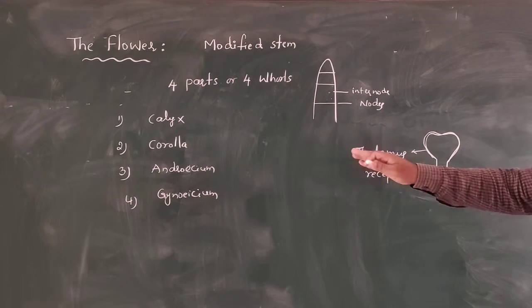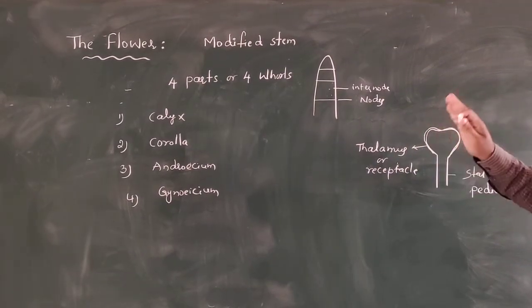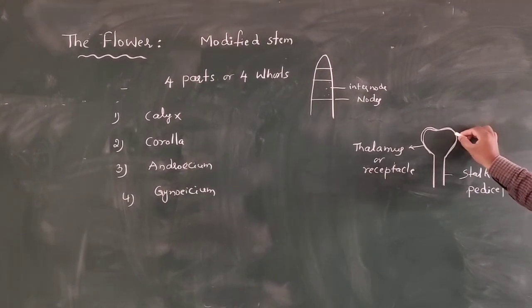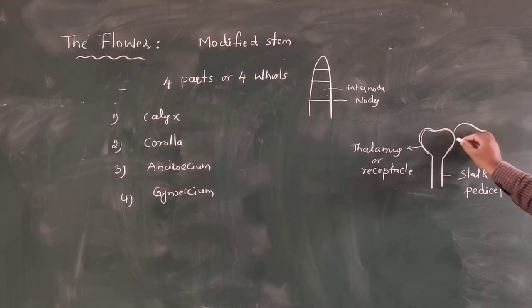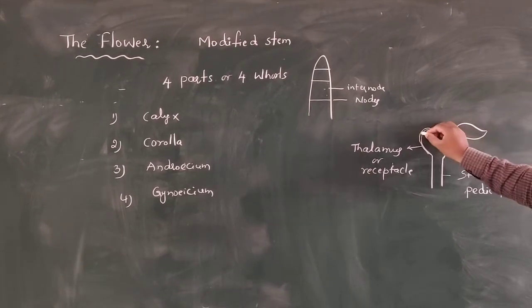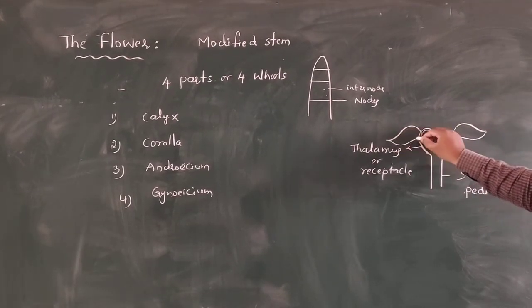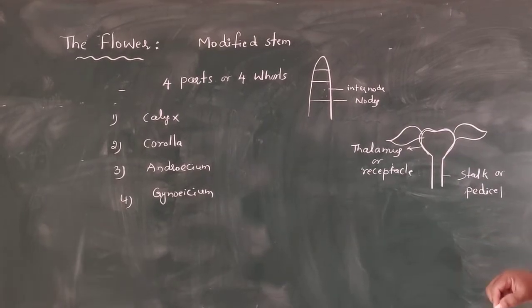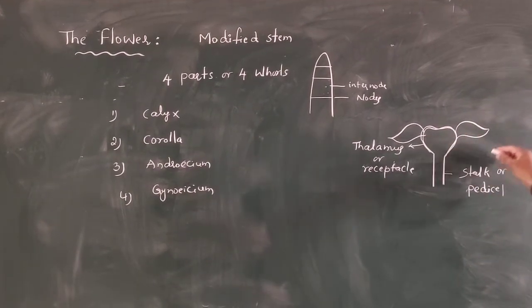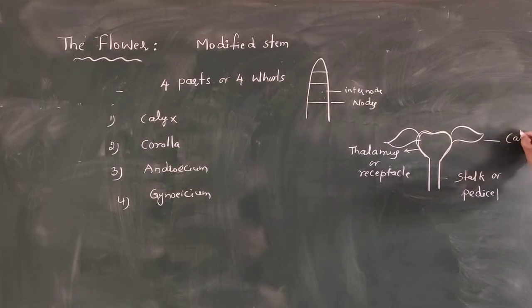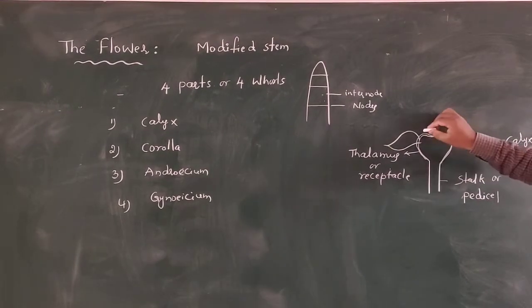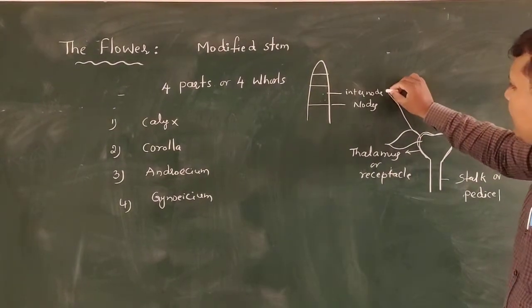Here, if we see from the outer region, the first part is the calyx, which is the outermost whorl of the flower. After that we see the corolla.